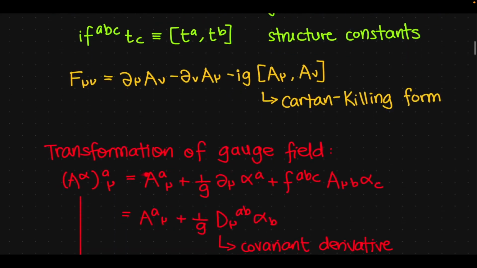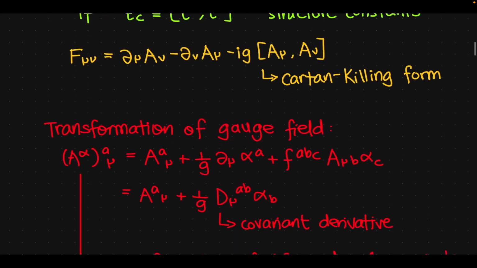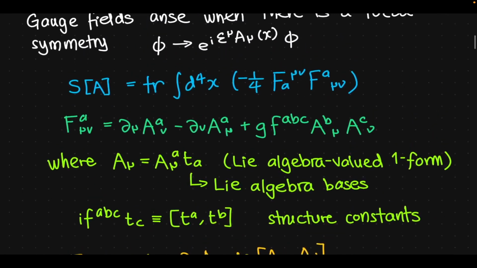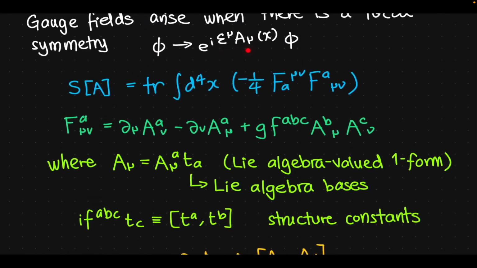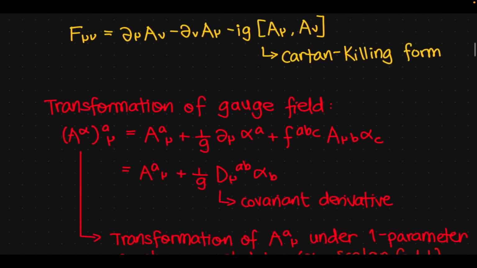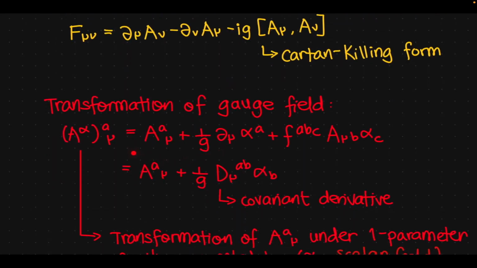Now, the transformation of gauge fields: how do these gauge fields transform under, again, the same kind of transformation that we had for the phi? Well, they transform in a slightly different way.